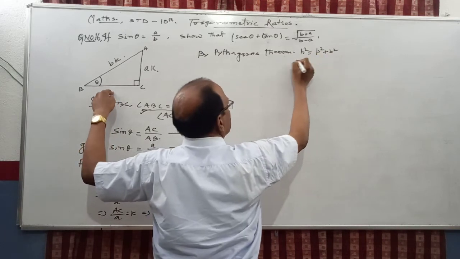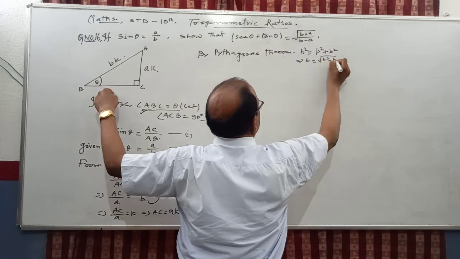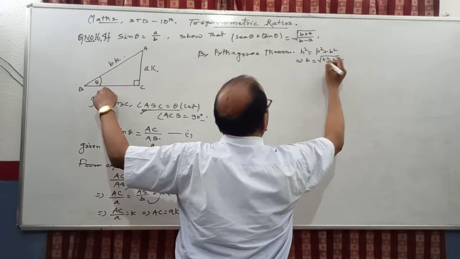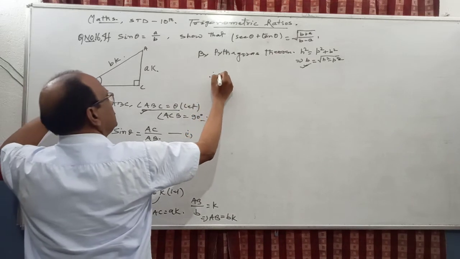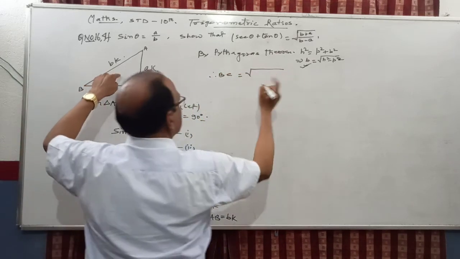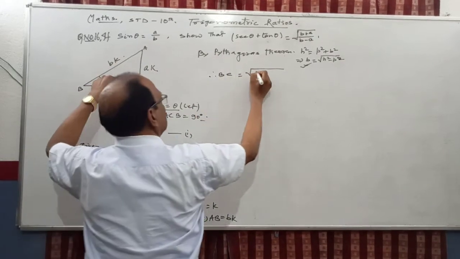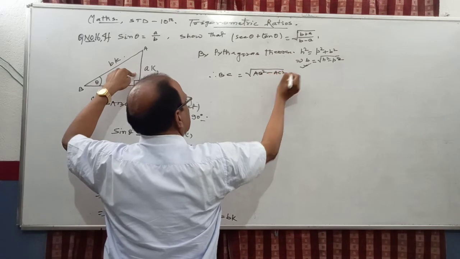So from this, B may be written as H square minus P square. We take this help to get this BC. Therefore, BC, that is B, may be written as under root of AB square minus AC square.